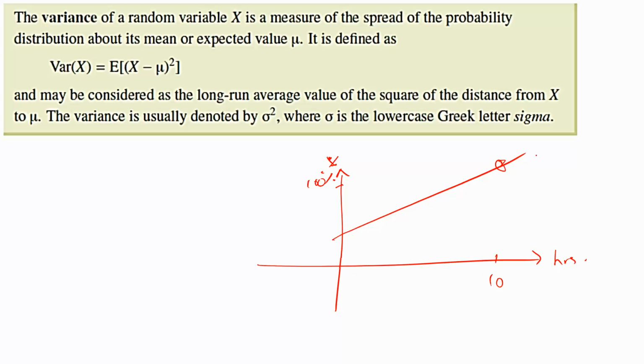That's my expectation, mu. But in the real data, you'll get particular data. Maybe you studied 5 hours and you get 90, something like that. Let's just give you a couple of random dots. Let's say this is the actual real data.